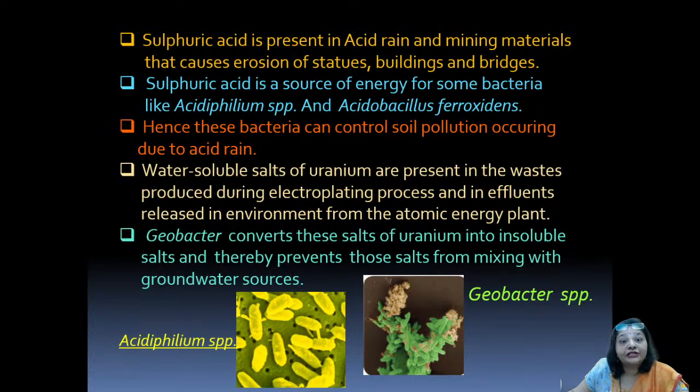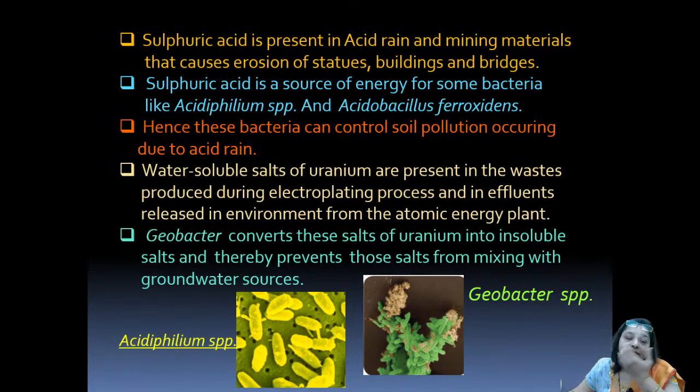Sulfuric acid, which is present in the acid rain. Now, what is acid rain? You all know that whenever rain falls, whenever there is precipitation of water as rain, it mixes with the sulfur trioxide gases, sometimes even the nitrogen oxides in the form of gaseous nitrogen oxides, and they may form different types of acids. Those gases mixed with the rainwater actually form acid rain.